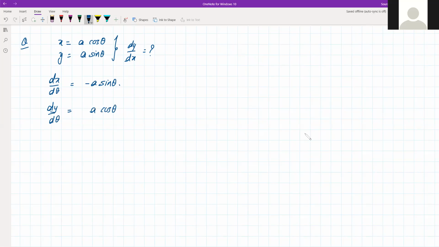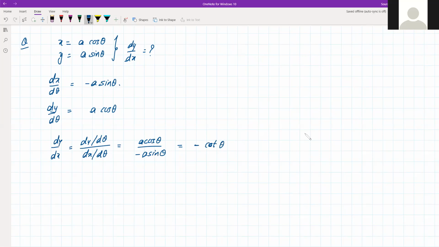What do we have to find? dy by dx. That will be equal to dy by d theta divided by dx by d theta, which is a cos theta divided by minus a sin theta. So a cancels, and that equals minus cot theta.